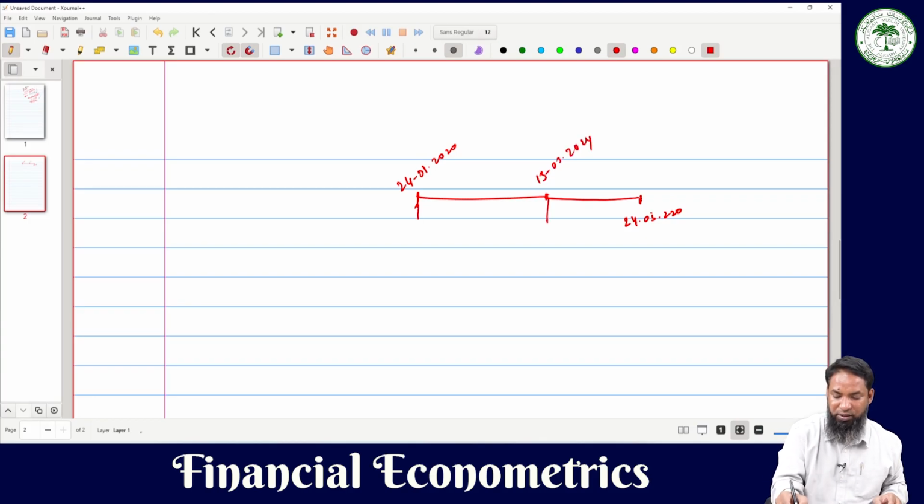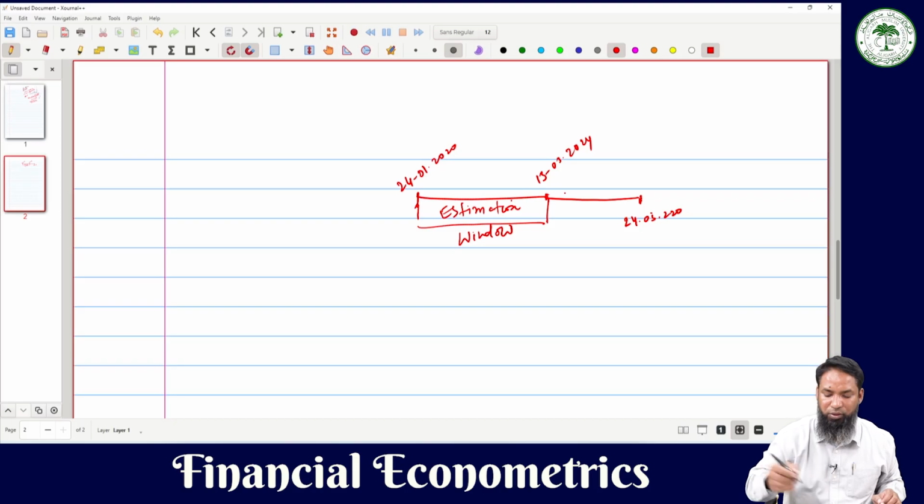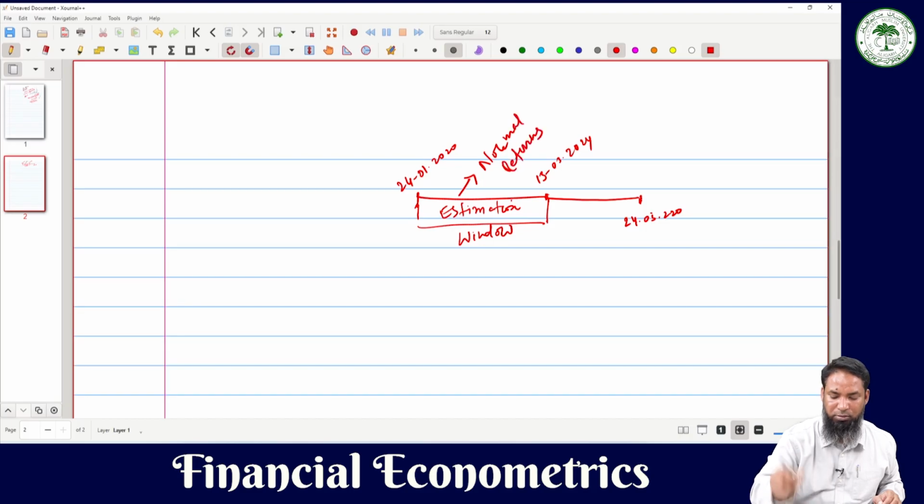This is basically the estimation window. This information will be used to calculate the normal returns here.